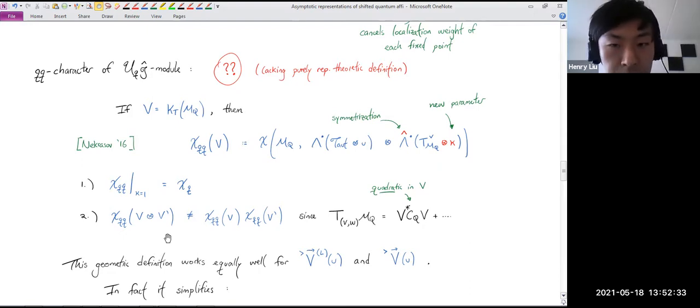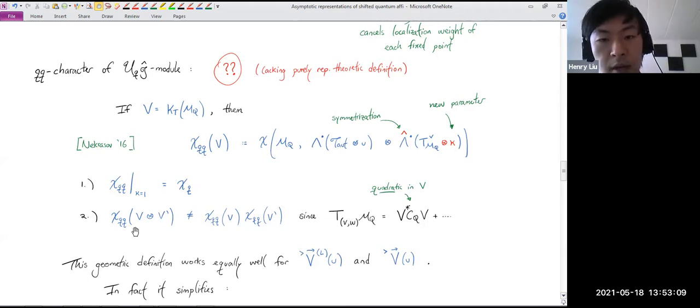And you can kind of see from this formula why that is the case. It's because, again, if we think of these modules V as being modules of quiver representations, if you want some function to be a homomorphism with respect to the tensor product of two quiver representations, then that function had better be linear in the quiver representation itself.